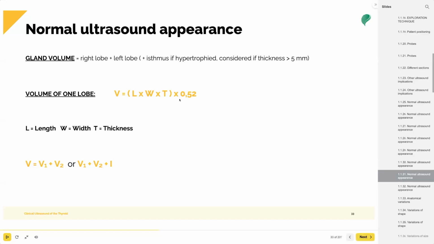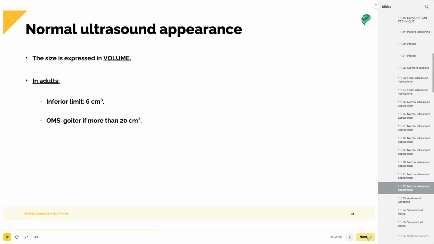This is the norm that I've usually used, but there are offices that do things a little bit different, so I would go by the protocol in your office. The size is expressed in volumes, and there are limitations in terms of adults, kids, and if patients have an underlying condition, we would consider that also.